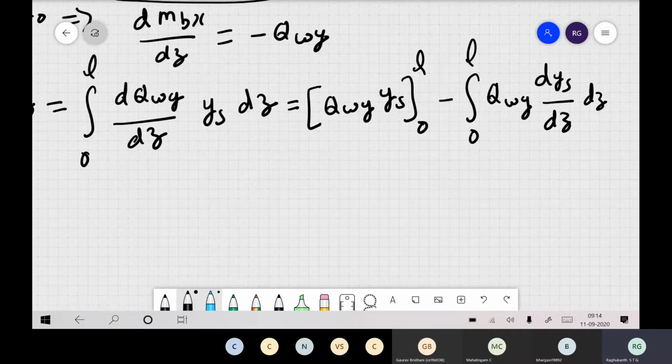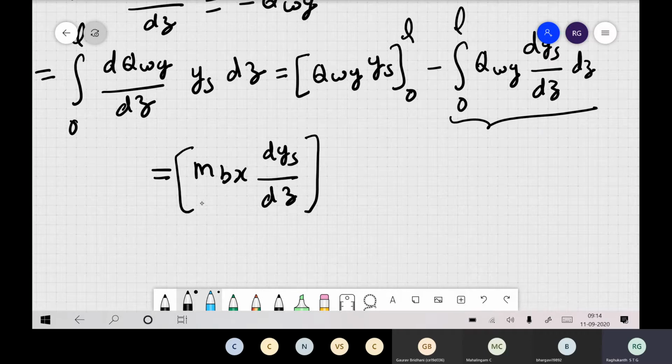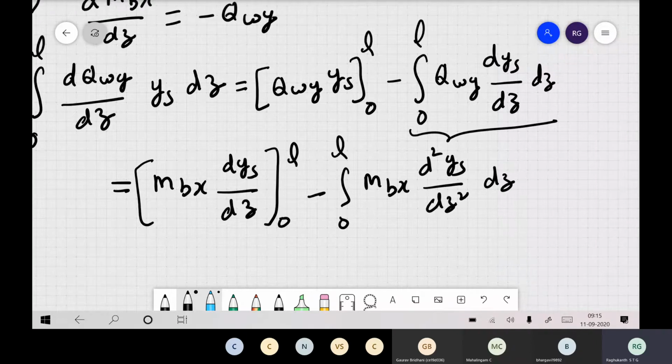Now once again, you can integrate by parts this quantity itself, and then you can bring the bending moment also into our calculations. You can also write this expression as Mbx, dYs by dz from 0 to L minus integral 0 to L of Mbx, d square Ys by dz square dz. So finally, you can write in terms of bending moments and shear force.